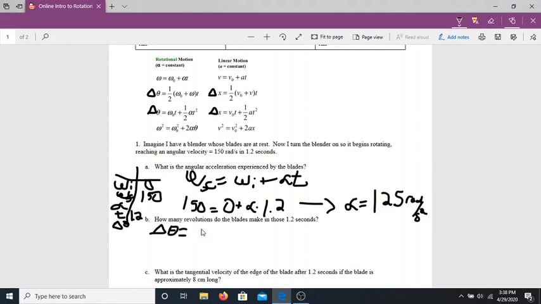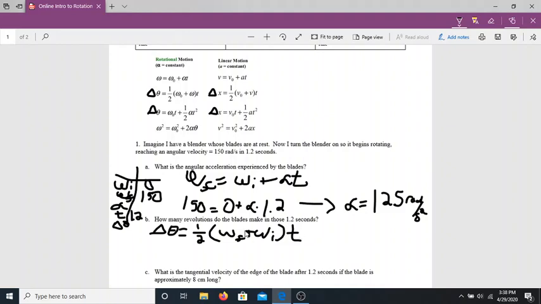So hopefully you had a chance to go through and find delta theta. There are several different ways to do it. One way is to use the second equation at the top of the screen, where delta theta is 1/2 the final velocity plus the initial velocity, or initial plus final, it could be written either way, times the time.